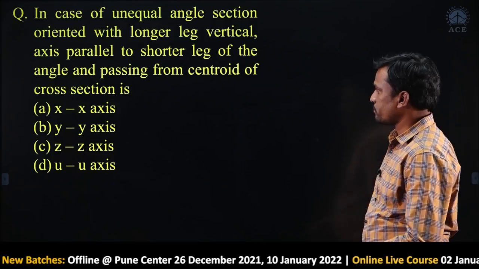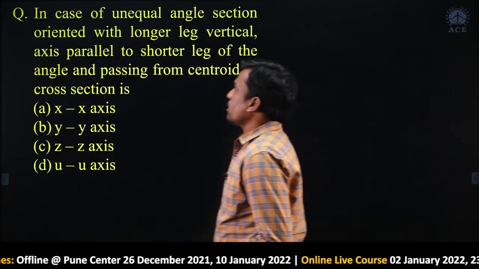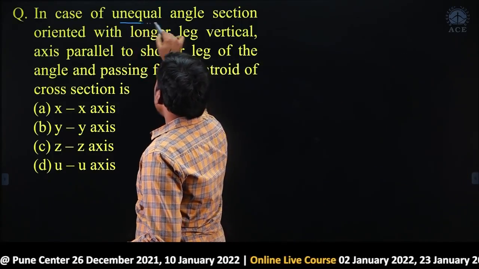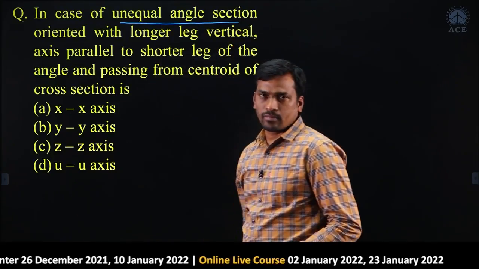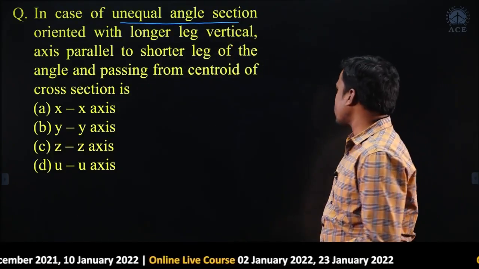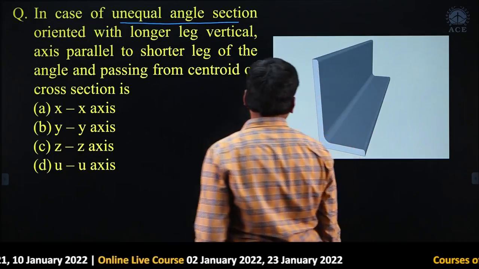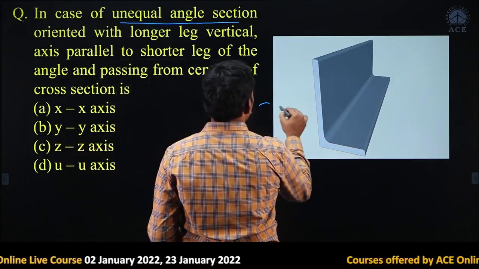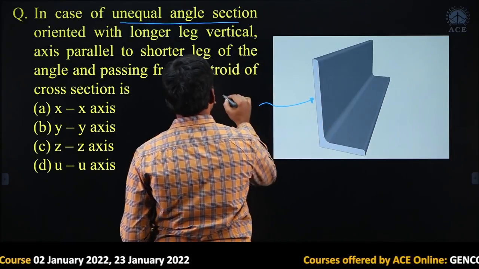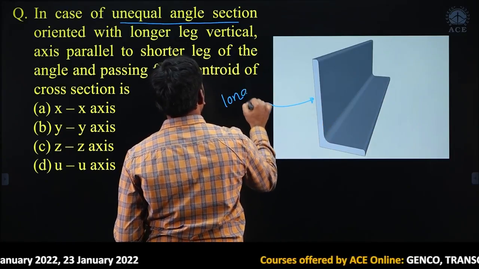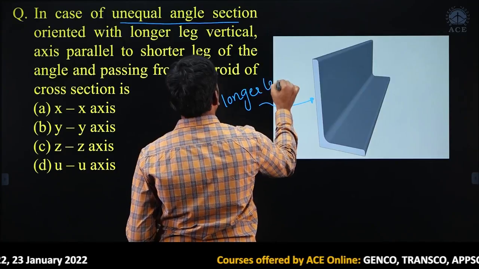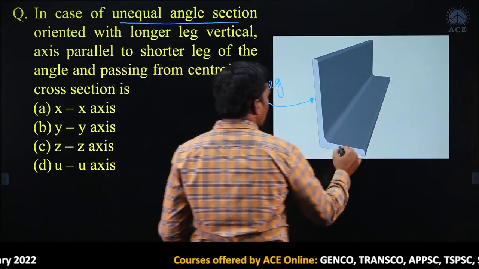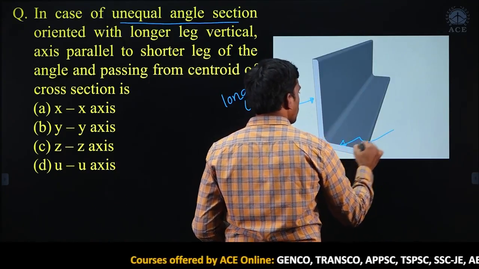Now next question. In case of unequal angle section, given unequal angle section, now this is the unequal angle section, right? Students, for example this is the longer leg and this is the shorter leg.